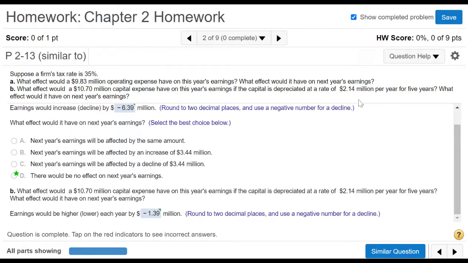It's already given to you, as far as what you're depreciating. It's here, and it's here. And both of them are negative. And on the first part, because you've taken all your depreciation up front, there will be no effect on next year's earnings. Zero.